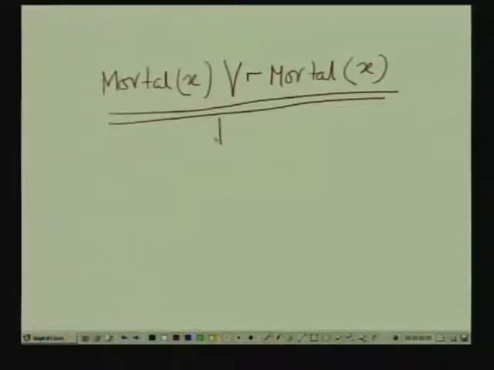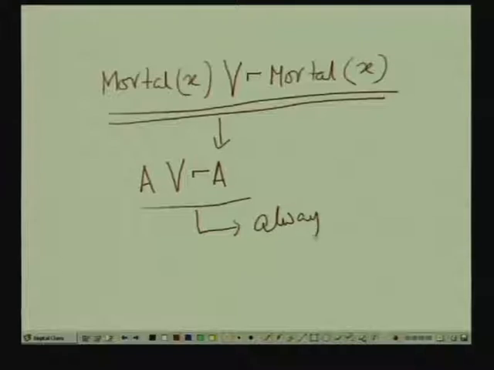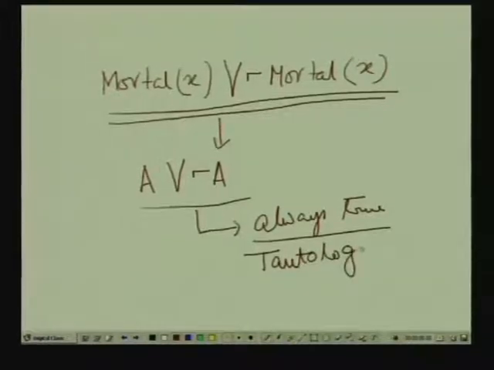So, these are called tautologies, A or not A, which is always true. These are known as tautologies.